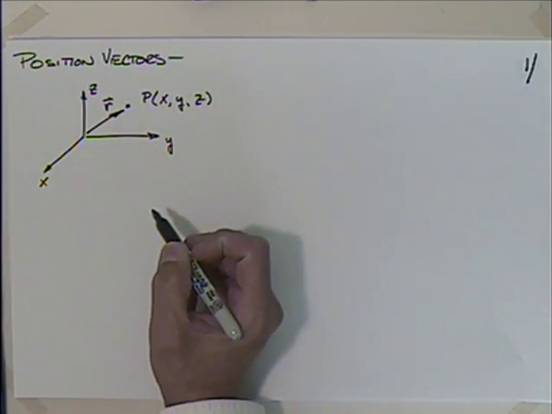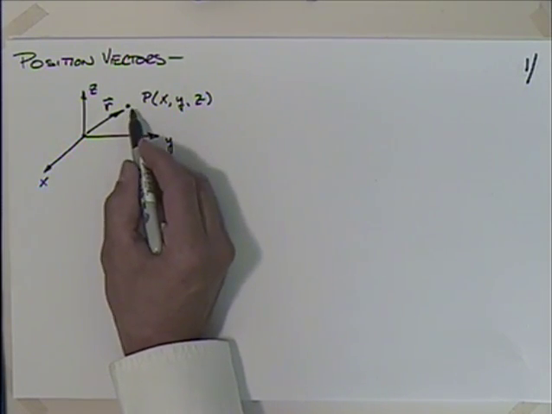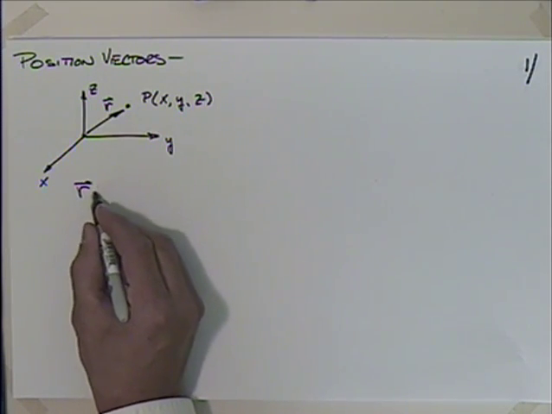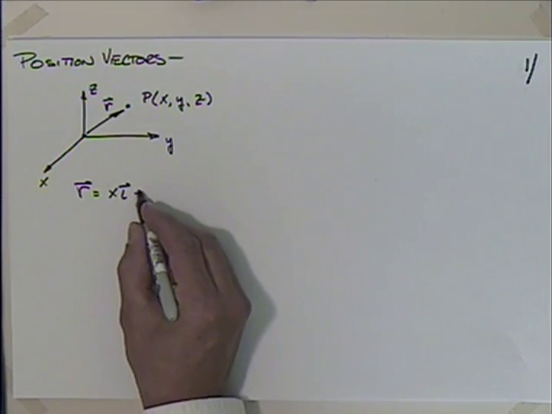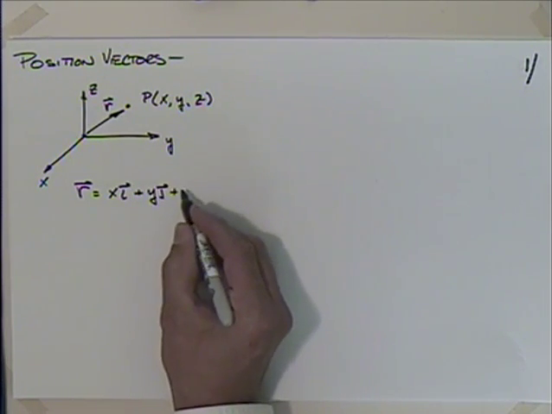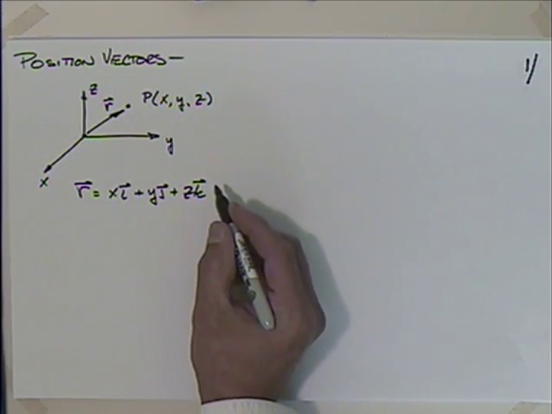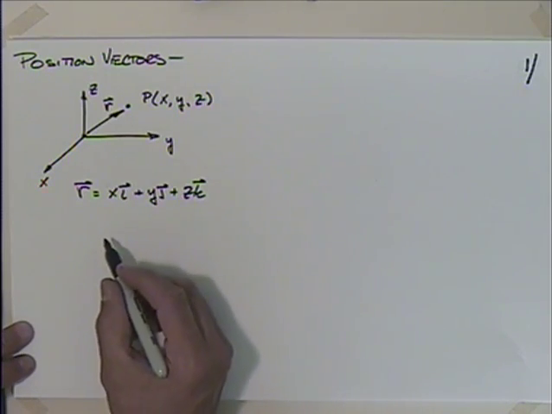So position vector r begins at the origin 0, 0, 0 and goes to point x, y, and z. So we could write r then, if we wanted to, as x in the i direction plus y in the j direction plus z in the k direction. Okay, now that's hopefully fairly straightforward.